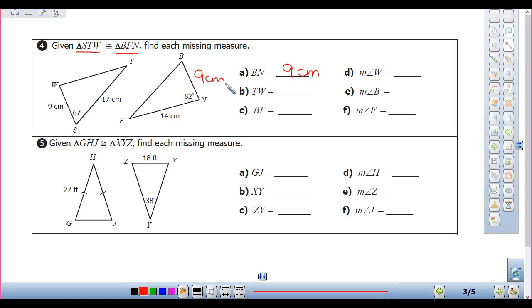TW is the same as FN, and FN is 14 centimeters. BF is the same as ST, and what is ST? 17 centimeters.